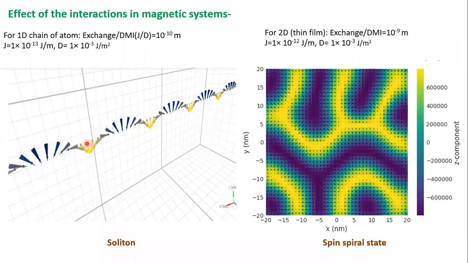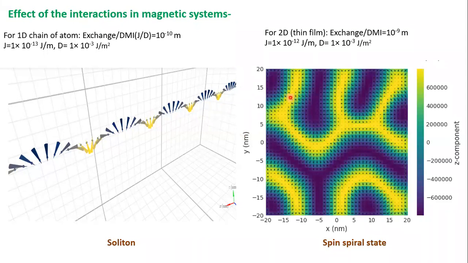If you map the theta into a circle, going from here to here, one complete 2 pi rotation of theta is done. Now that 2 pi rotation of theta corresponds to one topological charge. This type of structure is called a soliton. This is a 1D structure.